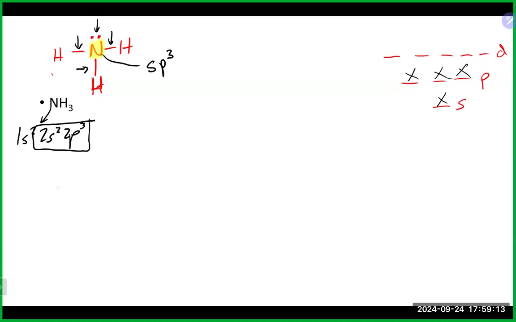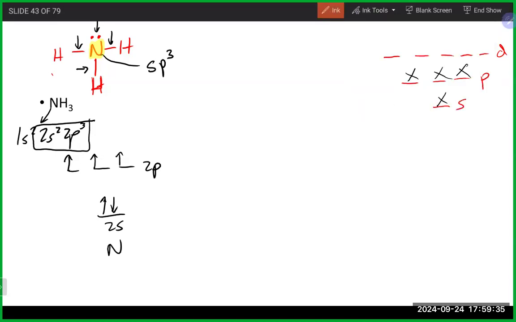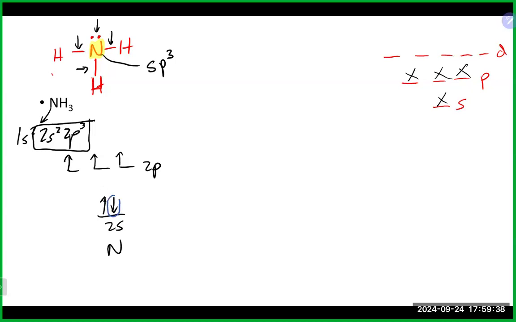So if we look at just the nitrogen's valence electrons, we got a couple of electrons there. Up here in the 2p, we got 1, 2, and 3 electrons. So we know that this guy is going to hybridize as sp3, and it's going to promote one of these electrons up. At this point, just like an electron configuration, where should this electron end up if it goes up there? It needs to go over here. It's going to promote into this orbital here.